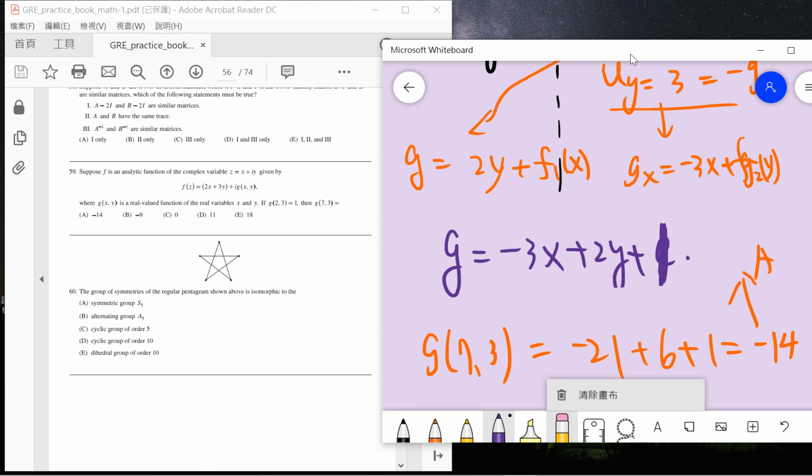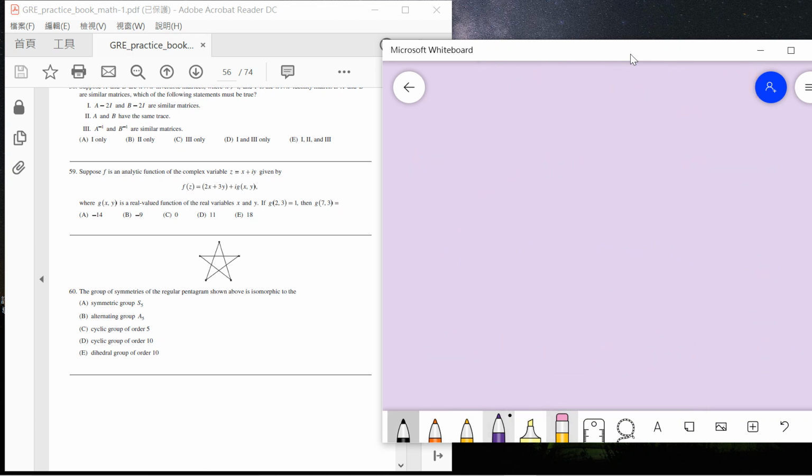Let me present the second way. The second way is you know that the function is only a function of z. And you see that there is 2x plus 3y, so it tells you that the function is linear in z.